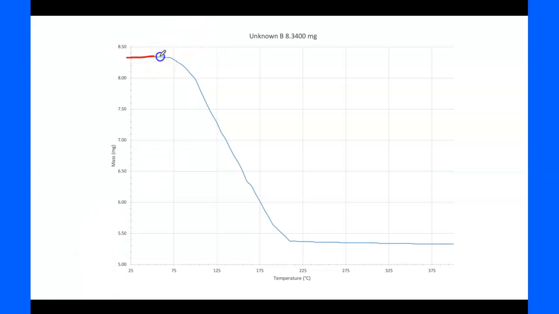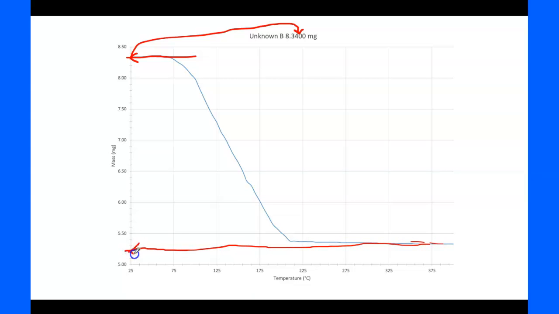So I would extrapolate the topmost. That mass right there should be exactly that. And then down here, I'll find the bottommost. Use a ruler, please, and read your value right there. That will be the mass of the anhydrous.